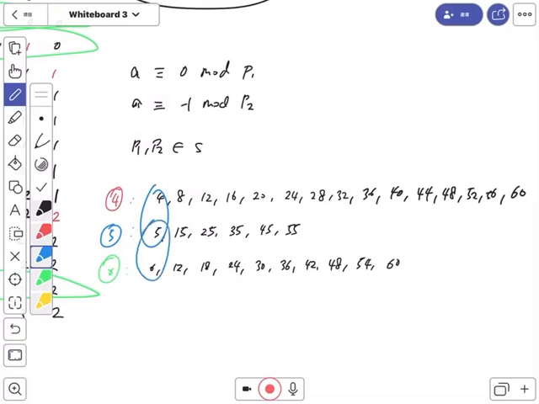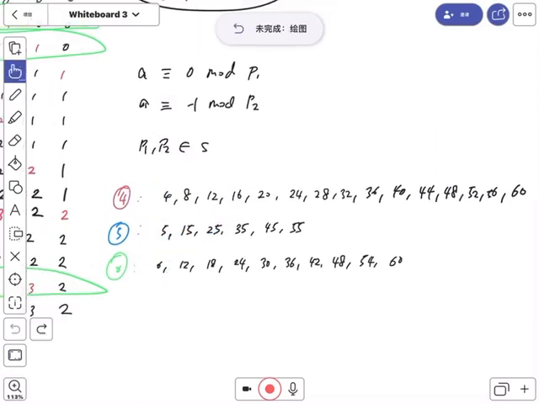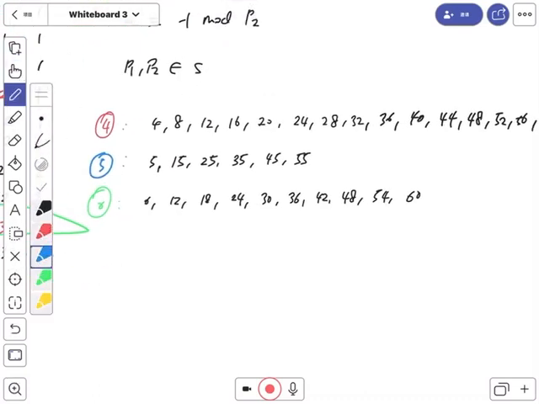We're going to have 4 and 5, 5 and 6. Then we have 15 and 16.